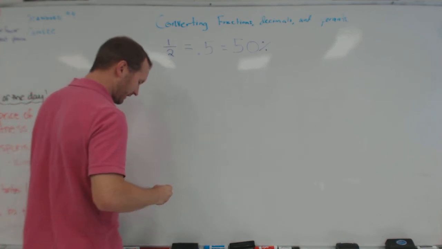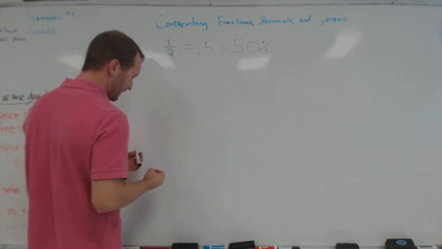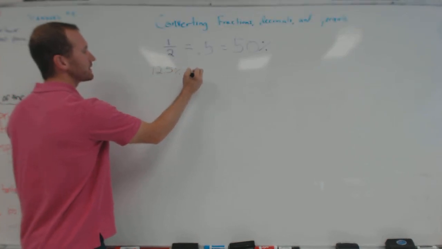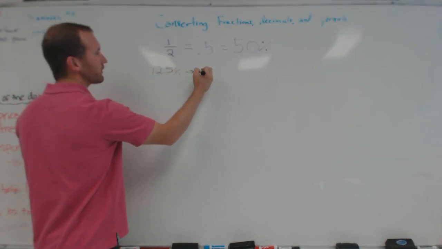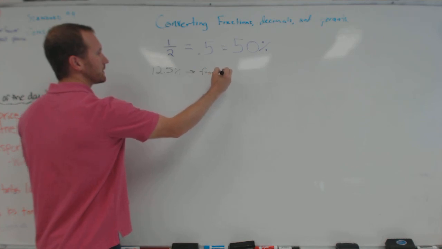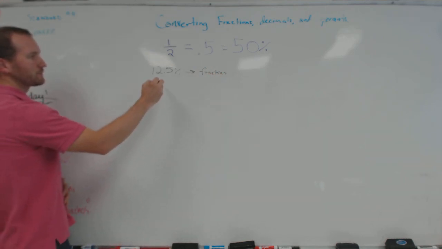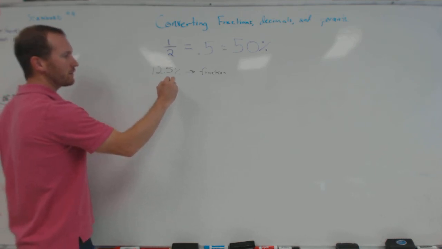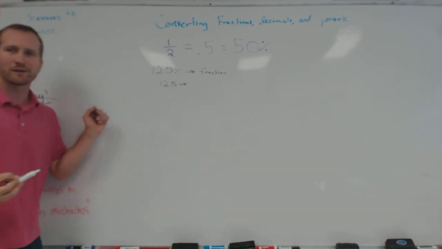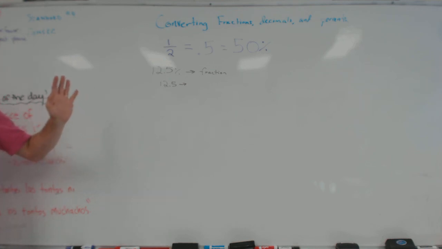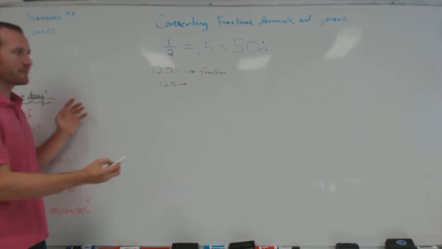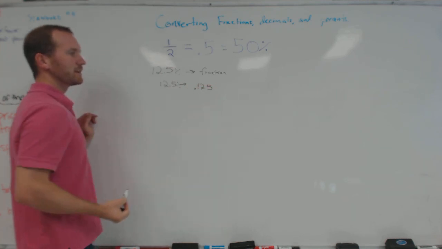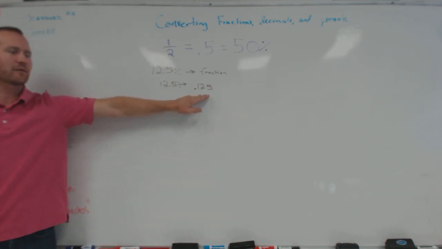We are getting there. You're right. I'm going to still use black. 12.5%. Convert it to a fraction. All right. First thing I would do, 12.5 converted to a decimal. Move it to the left, right? Yeah. So we just did this. 0.125. Okay, now convert that to a fraction.